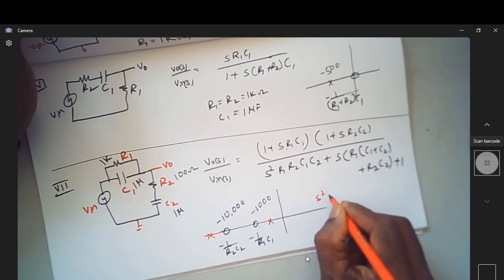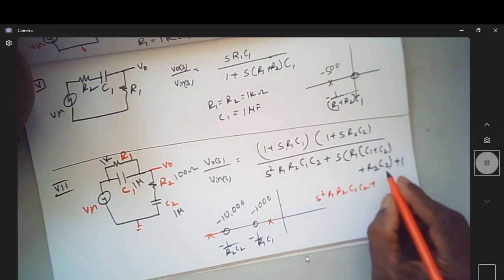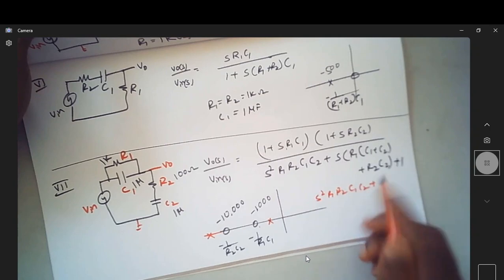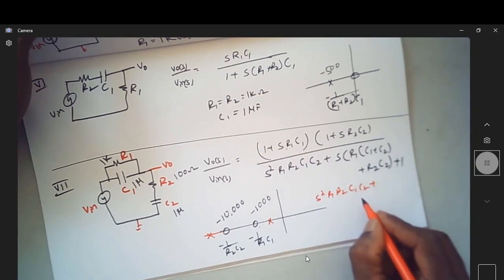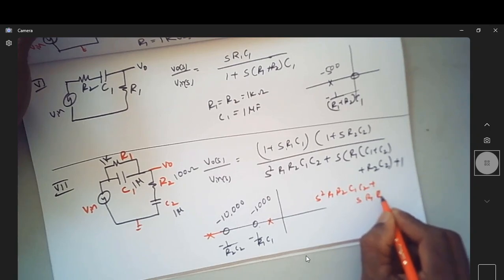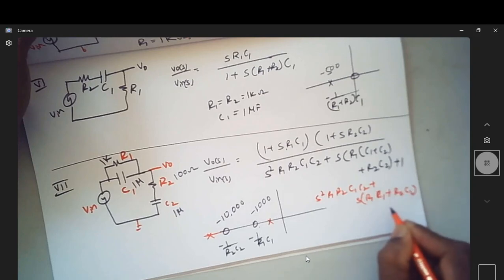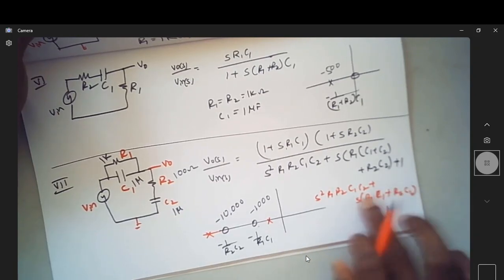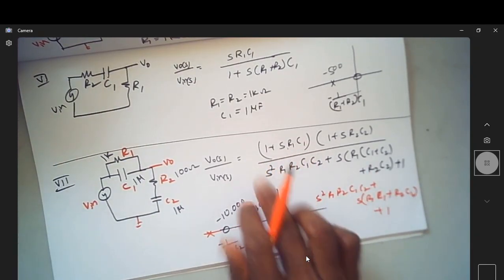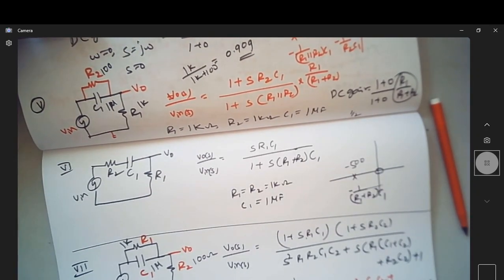Shall I write it as S square R1 R2 C1 C2 plus S into R1 C1 plus R2 C2 plus 1? That will be my numerator. Okay, what I'll do, I'll go back to this.